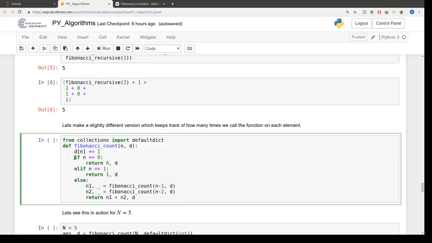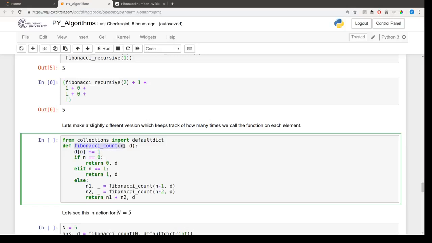So we can see it still has if n equals 0, return 0. If n equals 1, return 1. And it still has these recursive calls. But we're adding in this dictionary, D, which is going to keep track of how many times we have seen a call for the nth Fibonacci number.